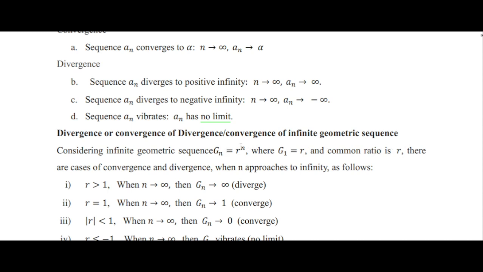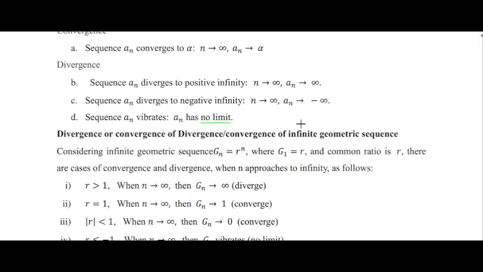Let's list out some terms for this one. G_n is equal to r to the power of n. For G_1, the first term, when you substitute 1 for n, r to the power of 1 is r.